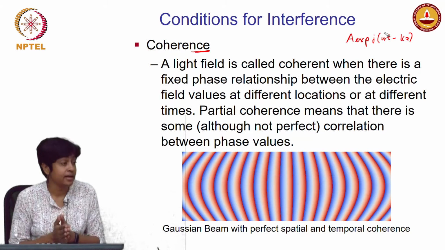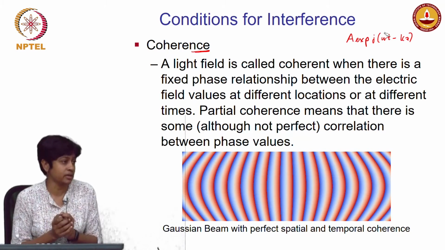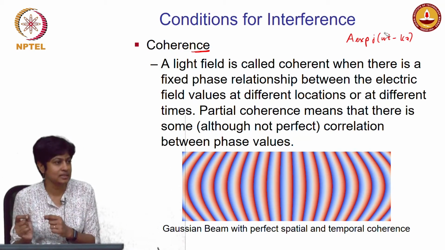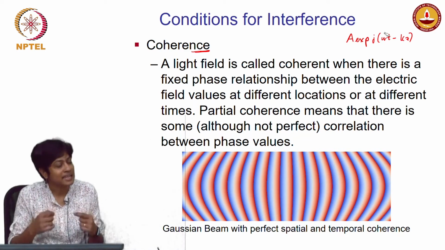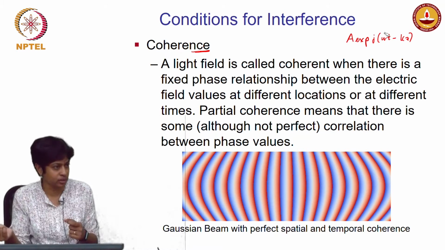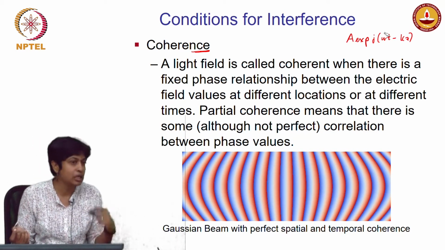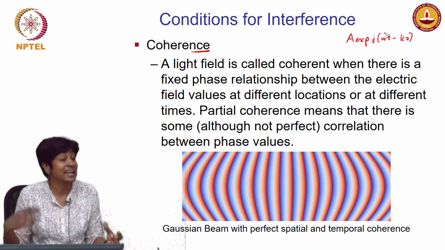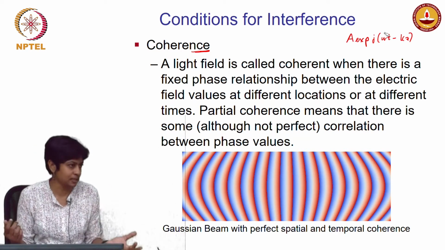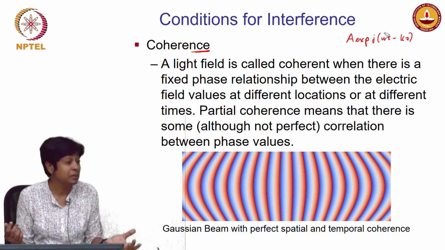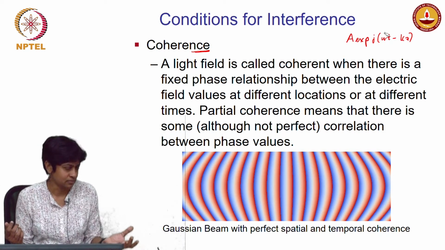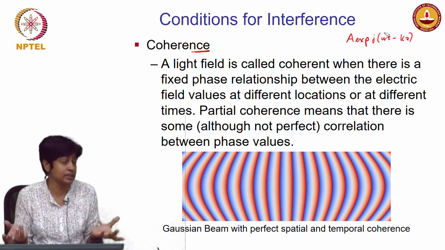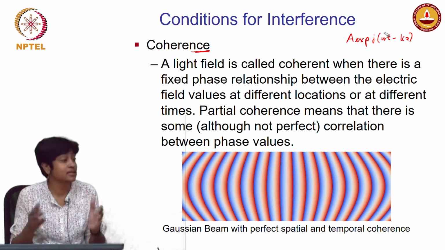Someone says yes and they're right, you can, there is coherence. Can you do it as easily as you would do it with the laser? The answer is no, because a laser has a very high degree of coherence. A white light source has a very low degree of coherence. So setting up an experiment with the laser is easier than setting it up with the white light source, but it's not impossible. Okay, and we'll see what would be the differences between these two sources.